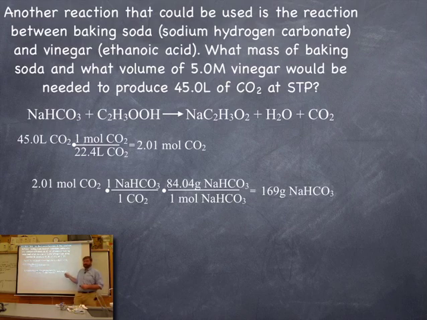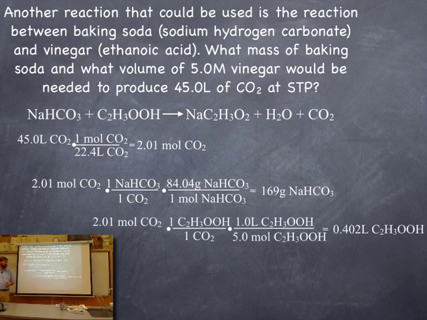Now the next step is very similar. There are a couple of ways that you can think about doing it. You can solve for moles of ethanoic acid and then plug into the molarity equation. Or you can use the molarity equation to tell you 1 liter has 5 moles. You can use that as a ratio too. So you can set this step up and say, I know that I need 2.01 moles of carbon dioxide. That's how much the problem tells me I'm trying to make.